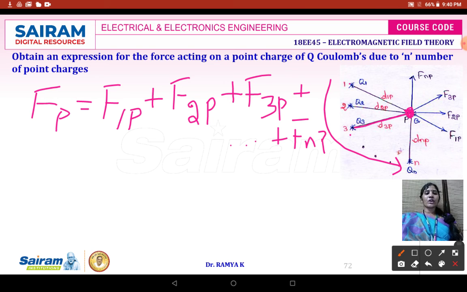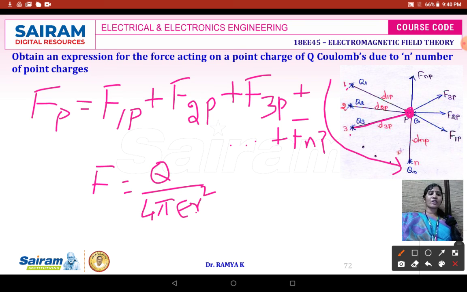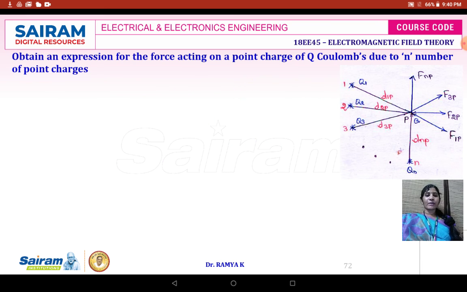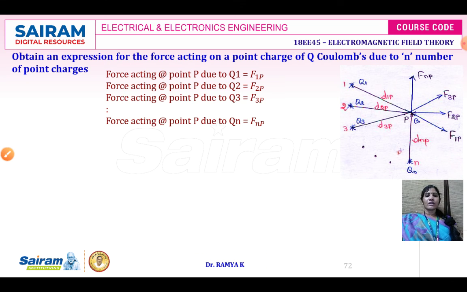We know that according to Coulomb's law, we can write F is equal to Q1 Q2 divided by 4 pi epsilon r square. This r has to be the distance between the charges, that is the distance between the cause and effect. So the distance between the cause and effect is d1p.